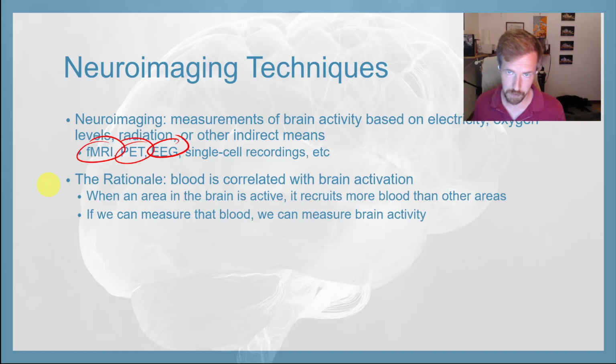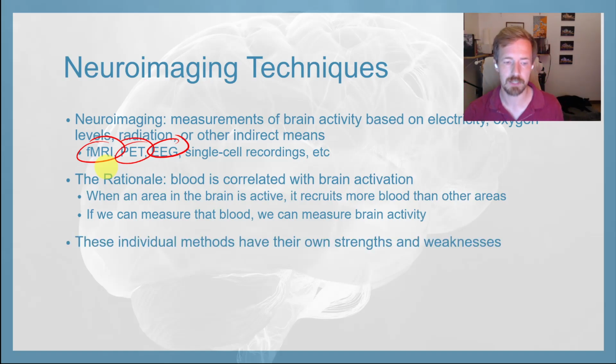Same idea for the brain. So essentially, when we are doing things like PET or MRI, what we're looking at is where in the brain is the blood. And based on that, we're able to say, okay, that's how we know that whenever somebody is speaking, this area is involved, because when they were speaking, that area of the brain recruited a lot of blood to keep going.